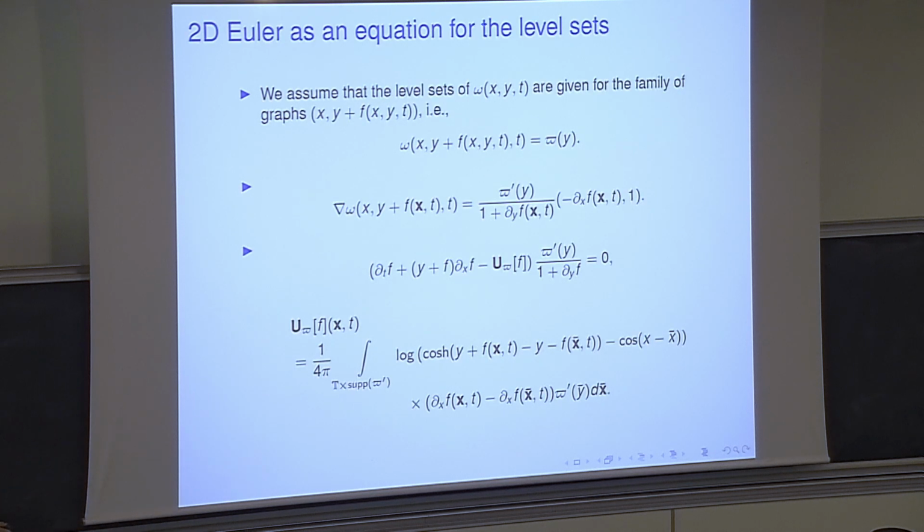So let me comment a little bit on how we prove the existence of this traveling wave close to the Couette flow. The first thing we do is understand the 2D Euler equation as an equation for the level sets of the vorticity rather than an equation for the vorticity itself. And we assume that we can parameterize the level sets of the vorticity. This is an assumption that we make, and actually it is something that we impose in the initial data.